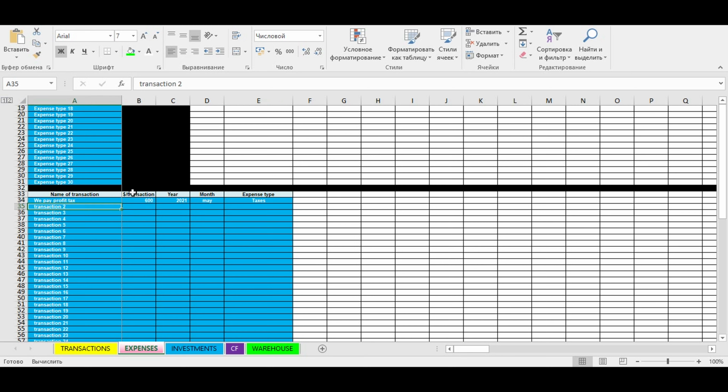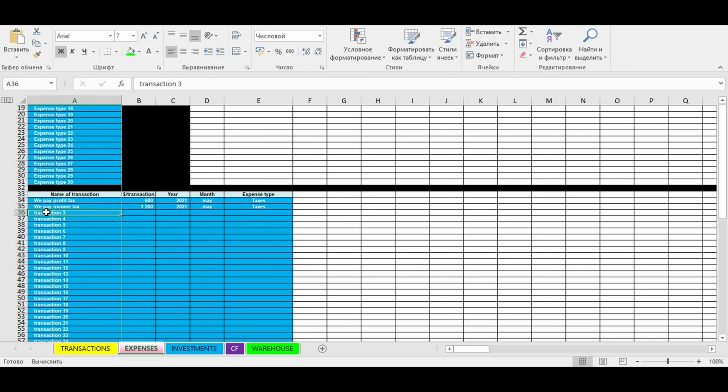Then, for example, we pay income tax. For example, it would be $1,200. May, and it's still taxes.